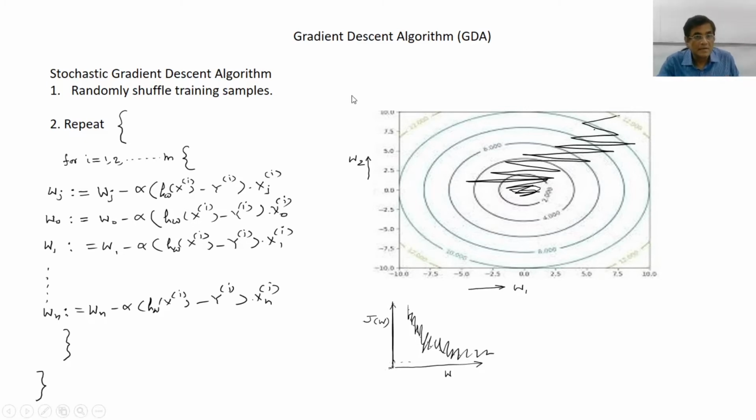Then you are executing a for loop where this is your updation rule, where alpha is the learning rate, and this is the derivative of the cost function.